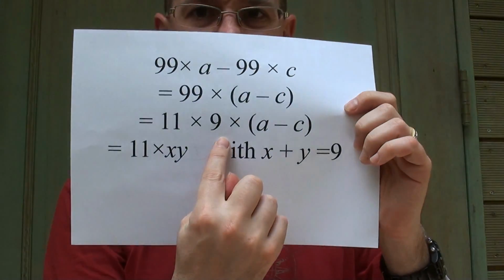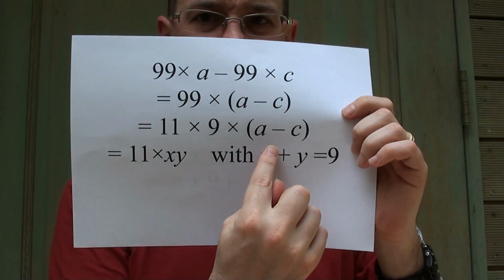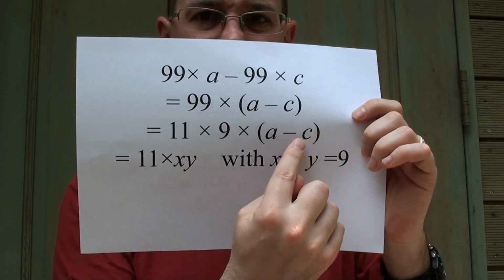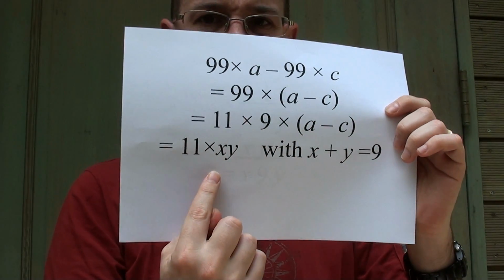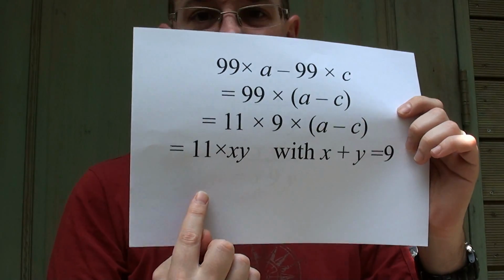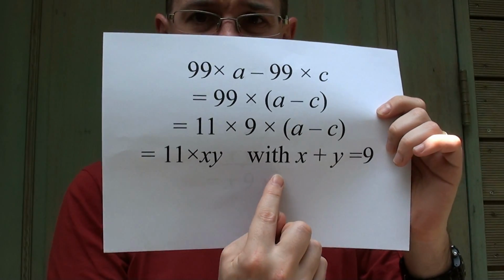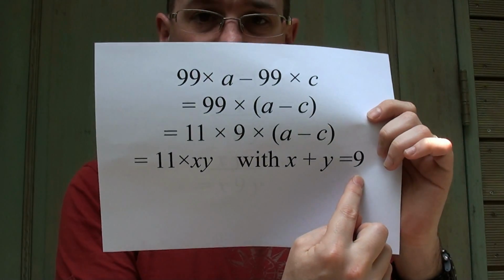It's right there. When you add up those two digits, you always get 9. So let's go back to this. You have 9 times (A minus C). So we can replace this by the result, which is a two-digit number. Let's call it xy, x for the first digit and y for the second digit. And we know that x plus y is 9.